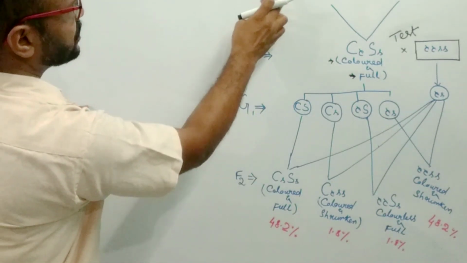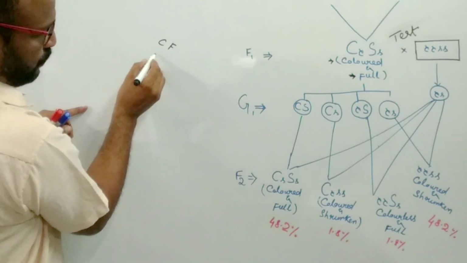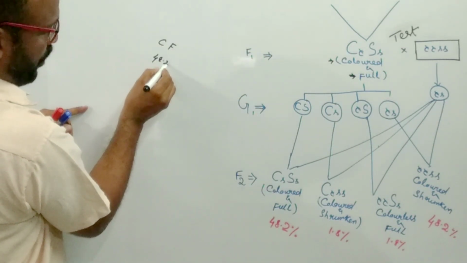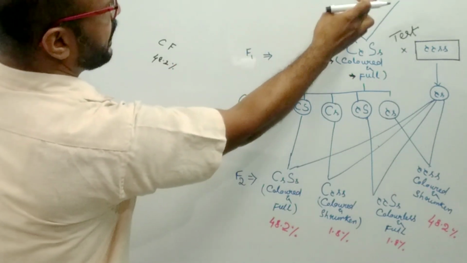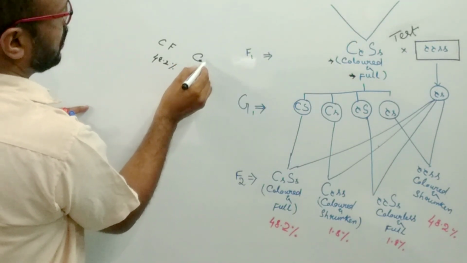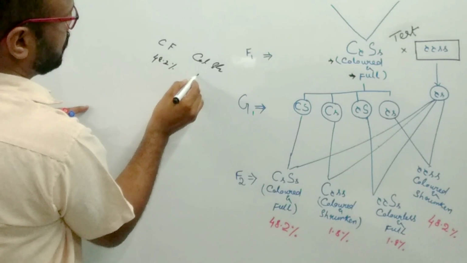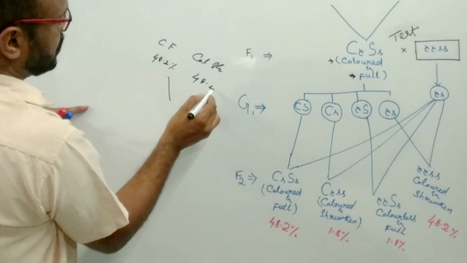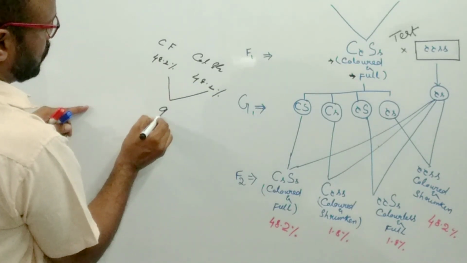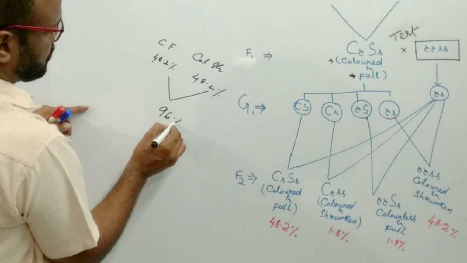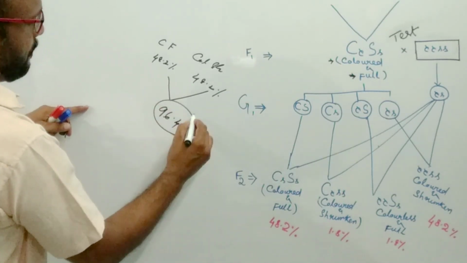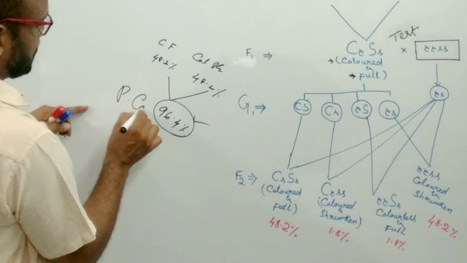The parental combination colored and full was 48.2%, and the other parental combination, colorless and shrunken, was also 48.2%. It means a total of 96.4% was parental combination.